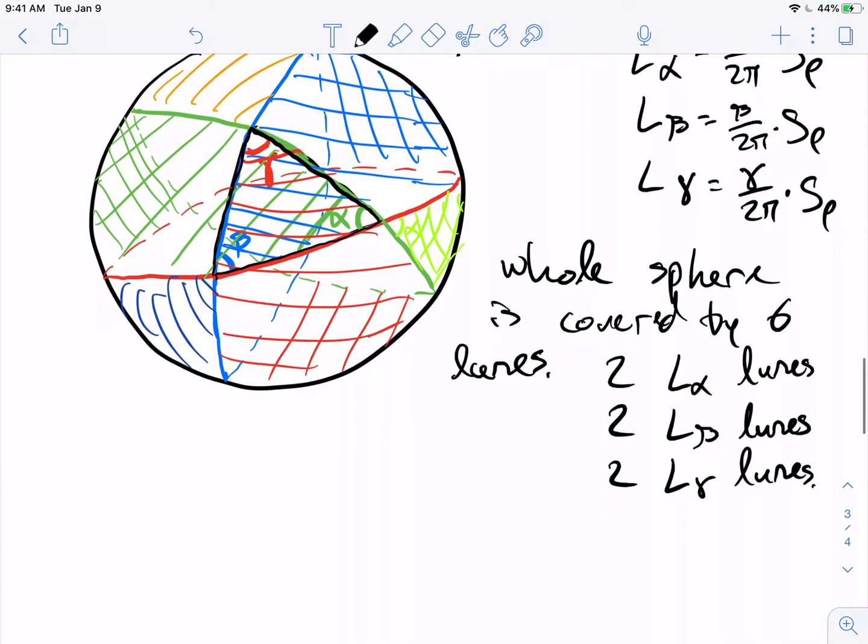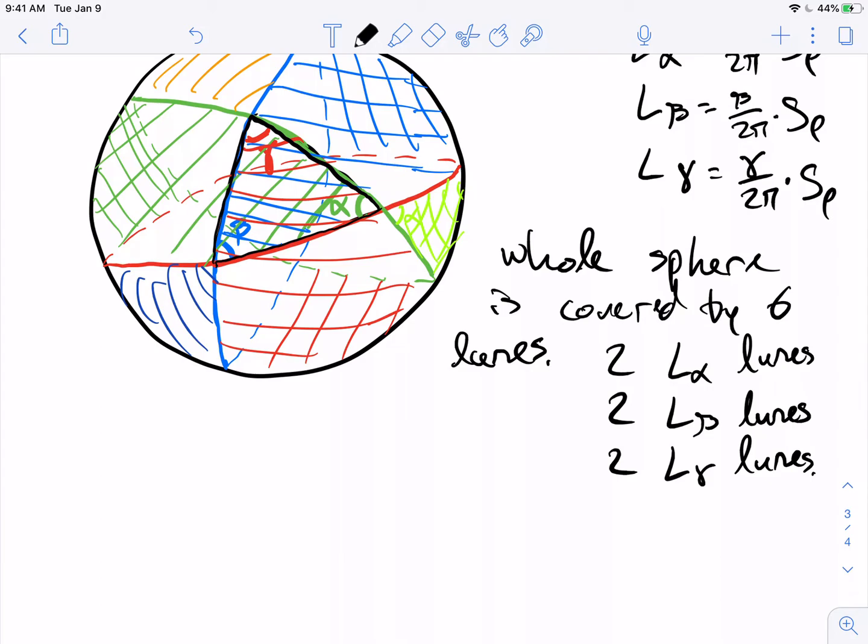Okay, and so you might guess that the surface area of the sphere is equal to the area of all these lunes added together, and that's almost correct, except these lunes have overlap. And so you're overcounting. You're getting too much area if you add all the lunes together. And so the total surface area is equal to S rho, we know.